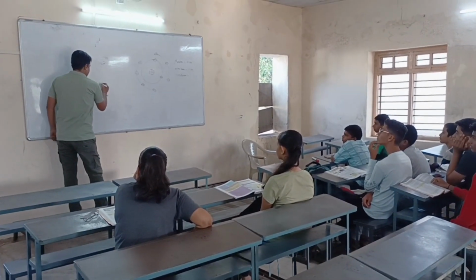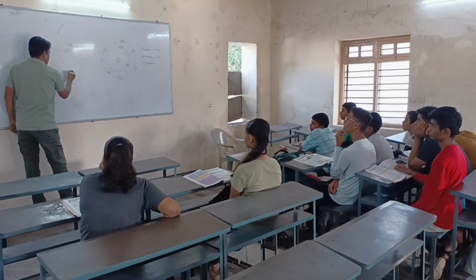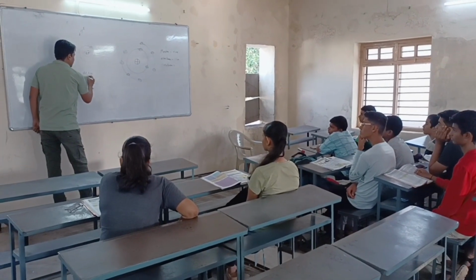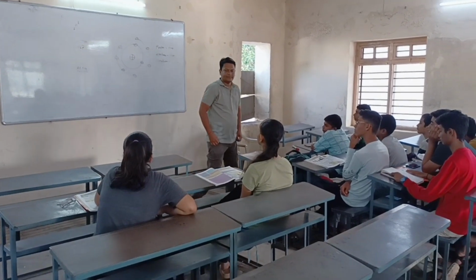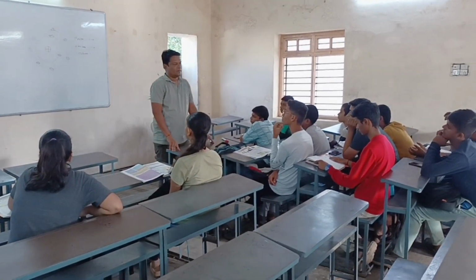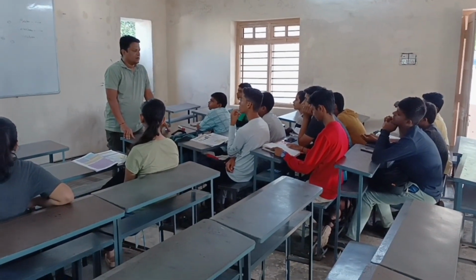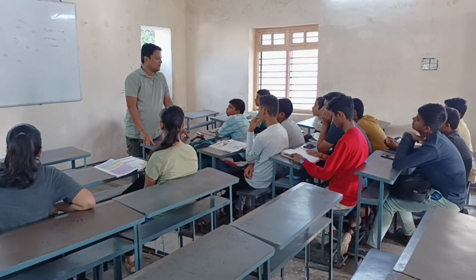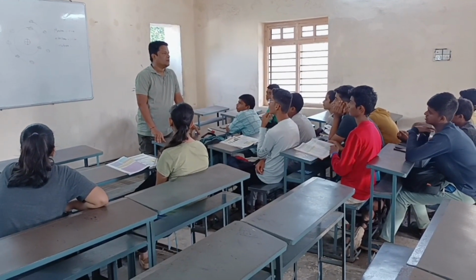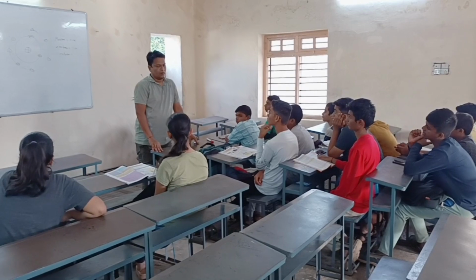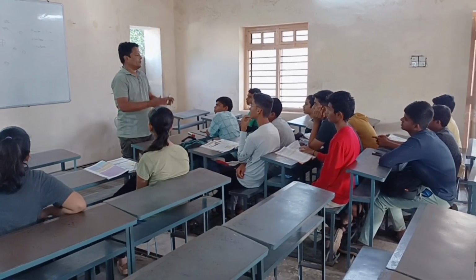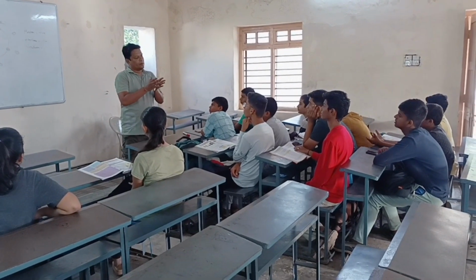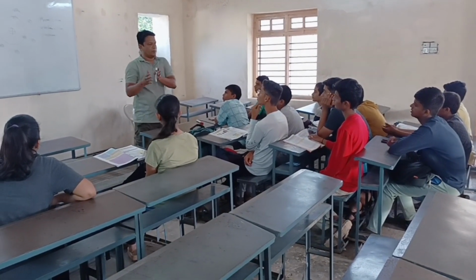Do you know what the definition we learned about atomic number in the previous class is? Atomic number. What is atomic number? Total number of protons and electrons. So think about it. It's not protons and electrons.